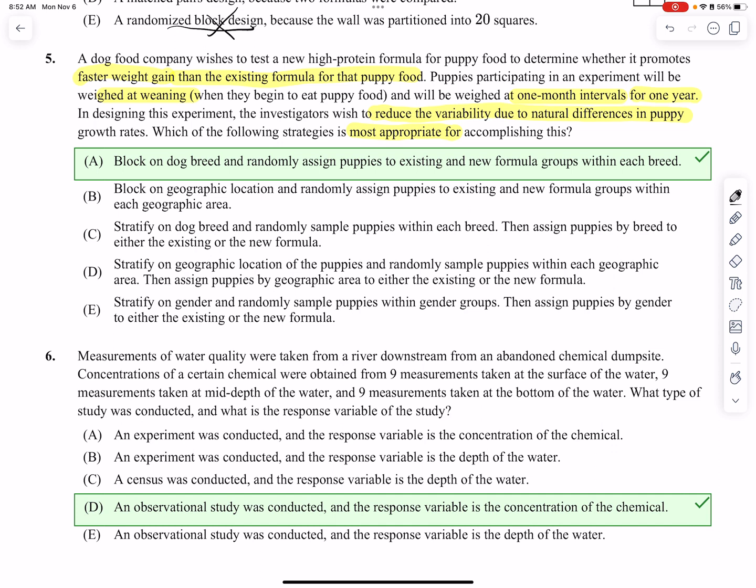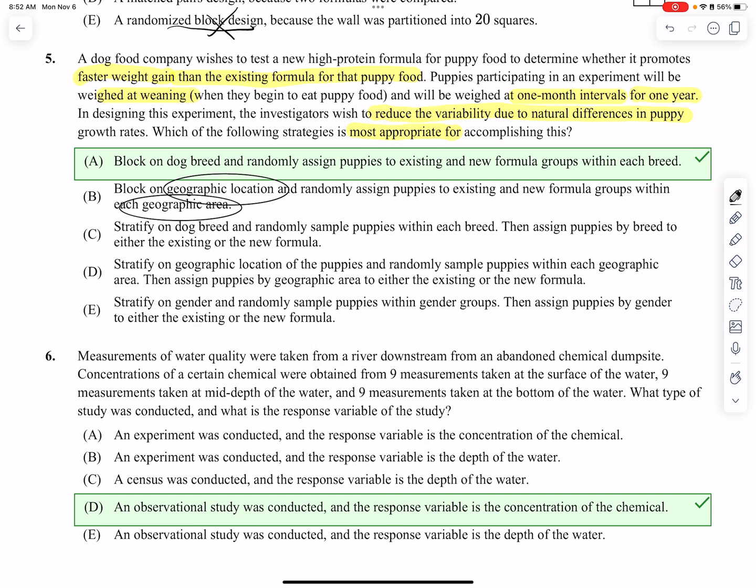But let me just kind of see this next one. Block on geographic location and randomly assign the puppies to a new formula within geographical area. Well, do you really think that a German Shepherd in Ohio is going to weigh differently than a German Shepherd in Texas?